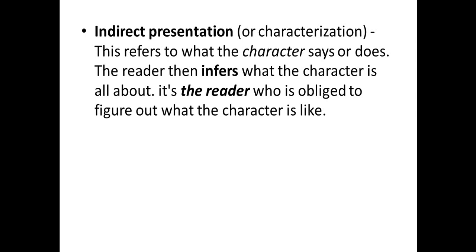You analyze what he says, you analyze what he does in the story, and you try to infer characteristics of this character to describe him and to analyze him. It's up to you, reader. So here the reader is obliged to figure out what the character is like. It's up to you to analyze what the character says, what he does, what others say about him, etc.